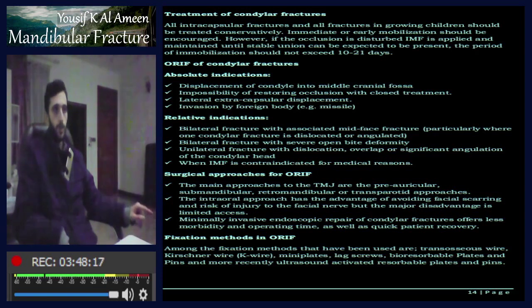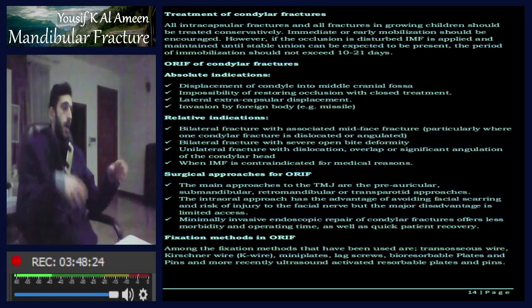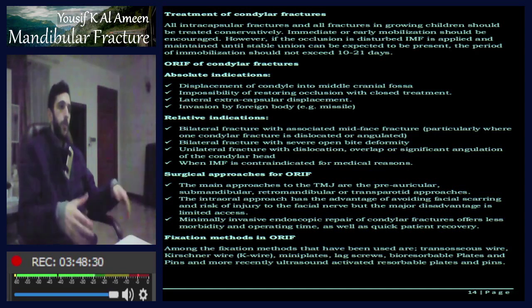Third, here we can read, minimally invasive endoscopic repair of condylar fracture offers less morbidity and operative time as well as quick patient recovery.